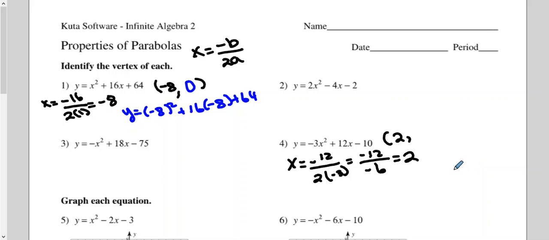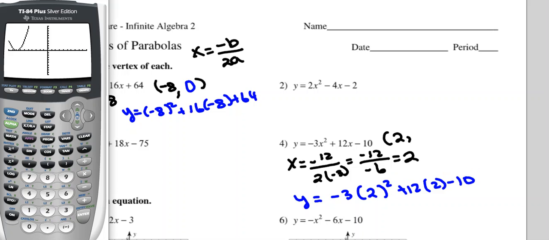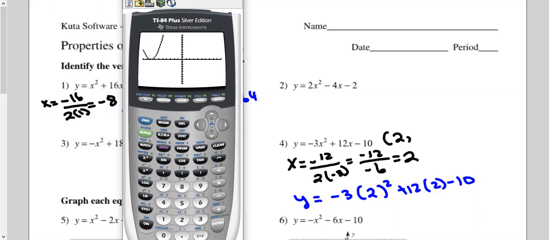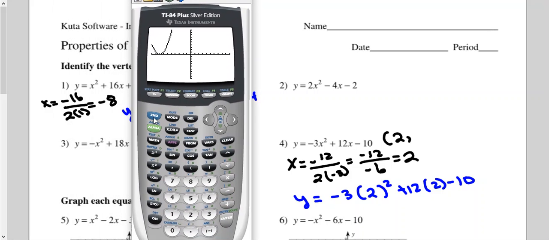Now I'm going to find the y-coordinate by plugging it into my function. So the y-coordinate is equal to negative 3 times 2 squared plus 12 times 2 minus 10. This part I'm going to plug into my calculator. To get out of your graphing, you can just hit second quit.